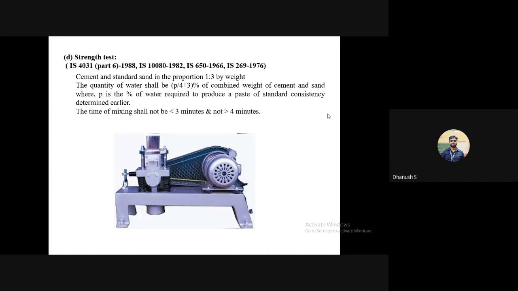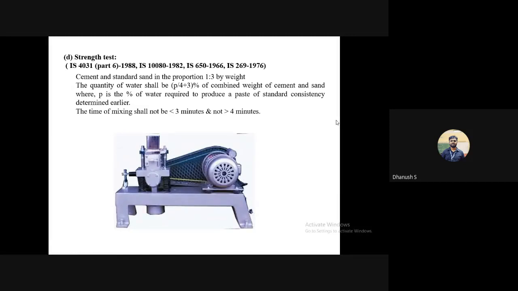To make one cube for this test, we need 800 grams of dry material. If I divide the 800 grams in the ratio 1:3, for the proportion of cement to sand, it is basically 200, 200, 200, 200, correct?